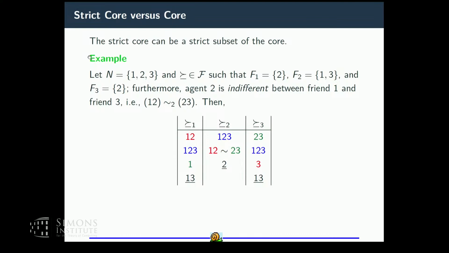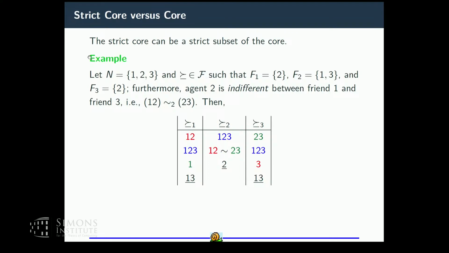And now we can see that there isn't any weak blocking to that. Now, what about the red allocation over here, for instance? That allocation could be weakly blocked by agent 2, who actually could just go with agent 3. So here 1 and 2 are together, and that gives agent 1 the best thing. But agent 2 could also block weakly with agent 3 and move over here, and agent 3 is better off.